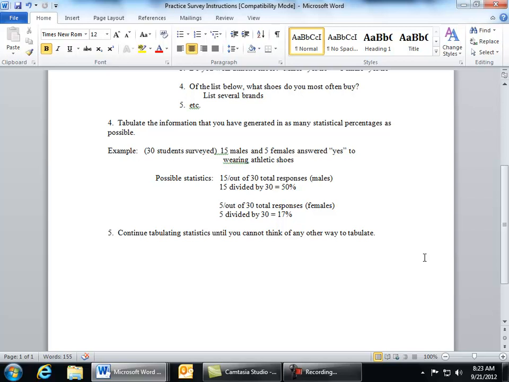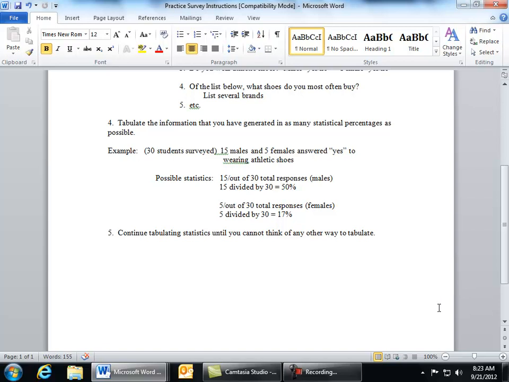So if I used 4 multiple choice answers, say A, B, C, or D, I will have a percentage of how many answered A, how many answered B, how many answered C, and how many answered D. So I could say a ratio of 20 to 5, or I could have a percentage. So 5 divided by 20 equals, or 20 plus 5 divided by how many were actually surveyed, I would be able to figure out a percentage.